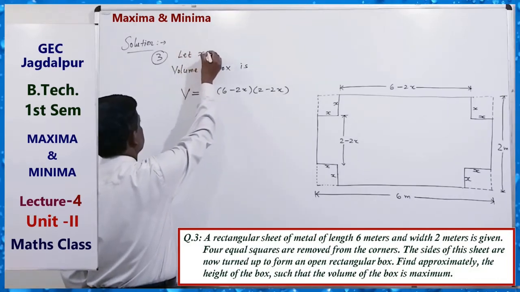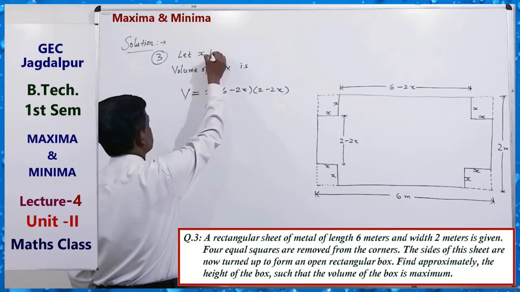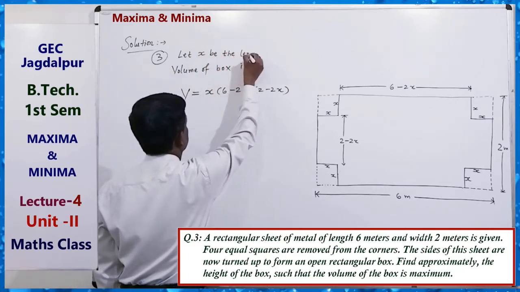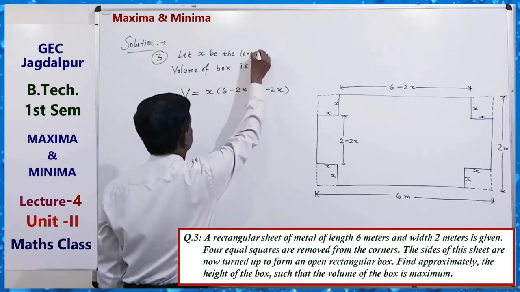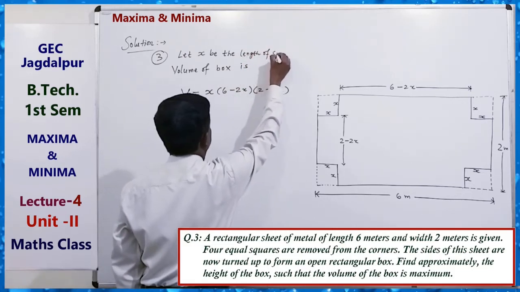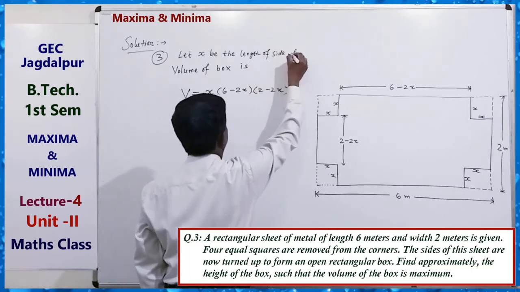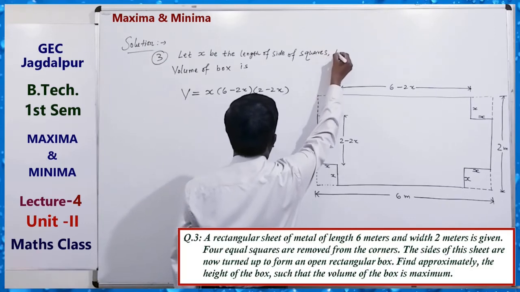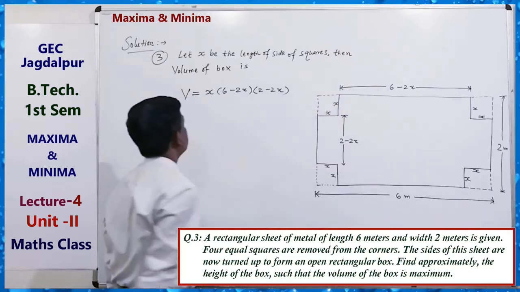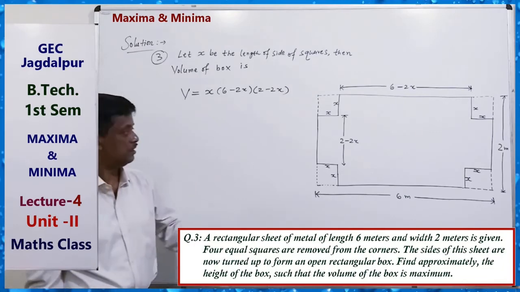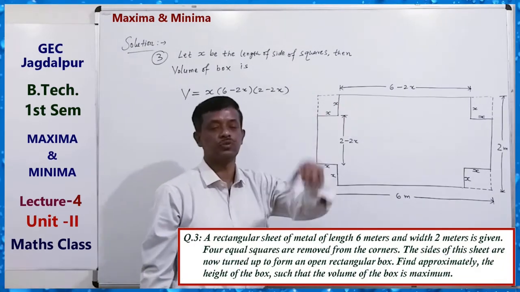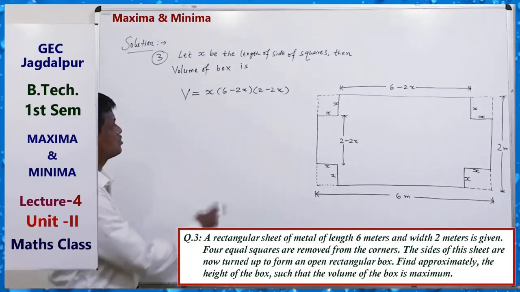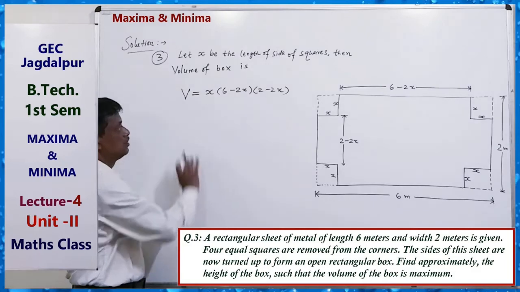Let x be the length of the side of the squares. Then the volume of the box is V equals this. So this is our volume.